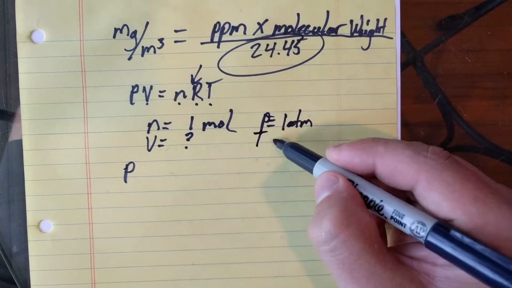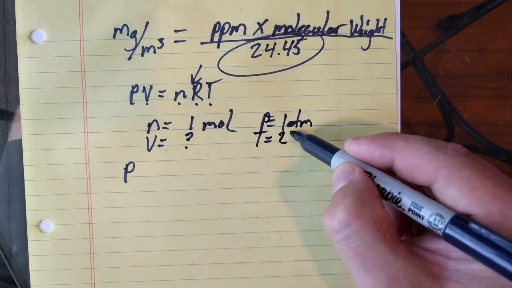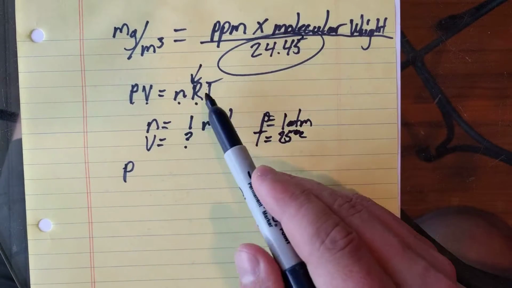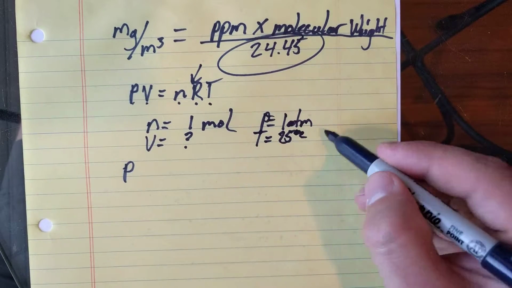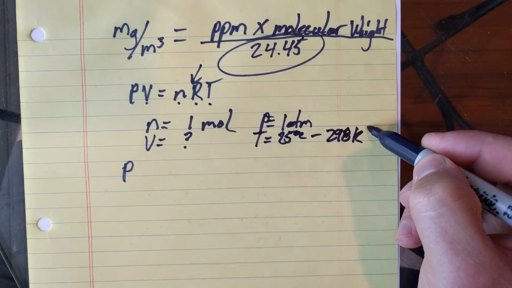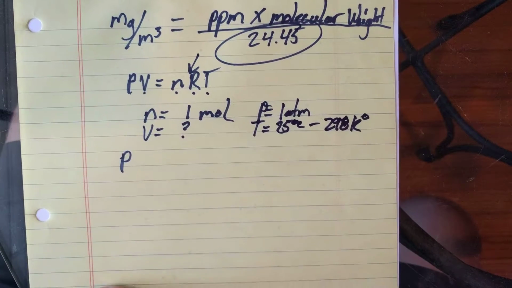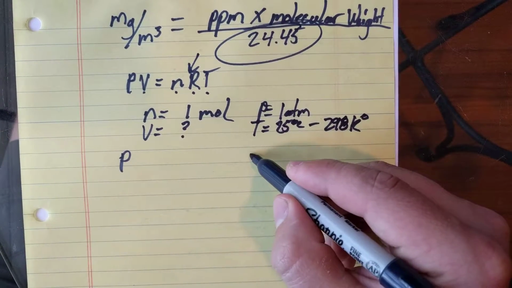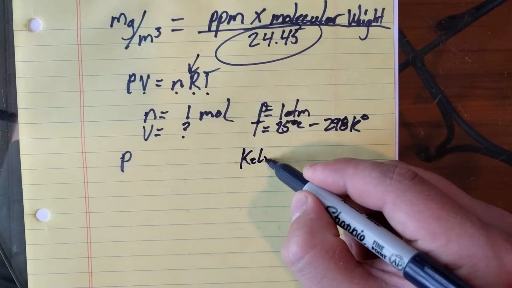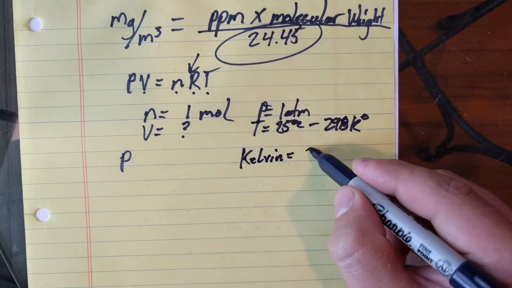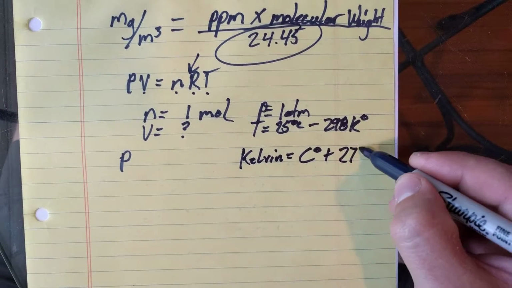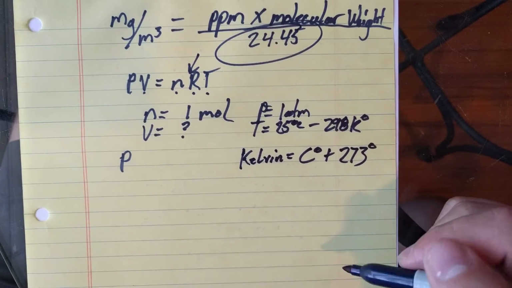And then temperature is going to be 25 degrees C, but you can't leave it in degrees C because then you would end up dividing by zero, and that doesn't work. So that ends up being 298 Kelvin, okay? And the way you get from here to there is you say Kelvin is equal to degrees C plus 273 degrees, okay?